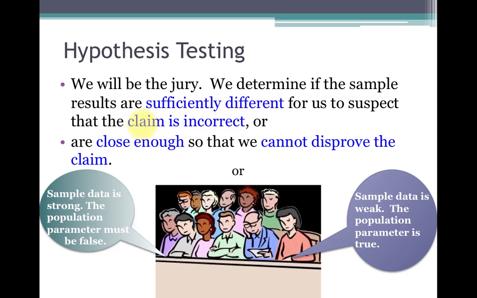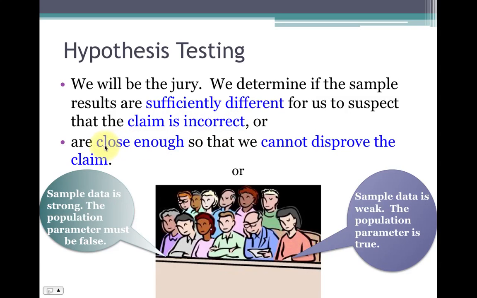The initial suspicion is going to be that Gestamax does nothing to increase the length of a pregnancy. But by looking at the bell curve and recognizing how far to the right X bar was, it's sufficiently different from the mean, enough to state that the initial claim that Gestamax did nothing for pregnancy lengths is incorrect.